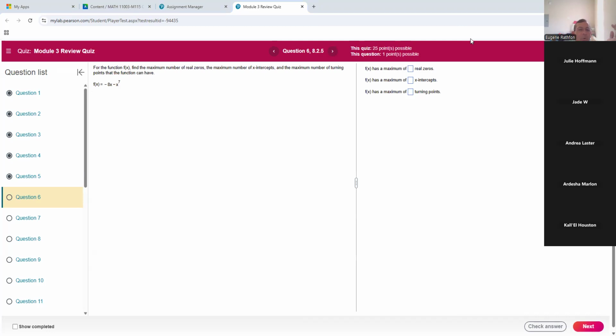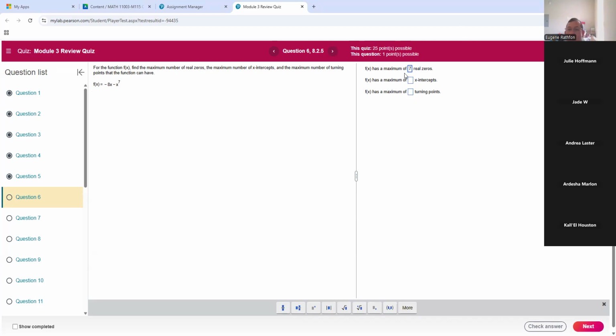All right, so this is the one where we had to find the maximum real zeros, maximum x-intercepts, and the maximum number of turning points. Well, the maximum number of real zeros is equal to the highest exponent. That's a 7. So you're going to put a 7 in there. The maximum number of x-intercepts is the same thing as the zeros, and that's going to equal the highest exponent, which was a 7.